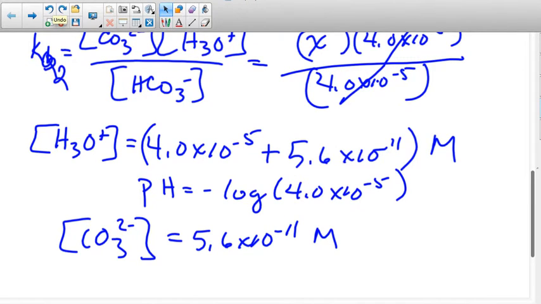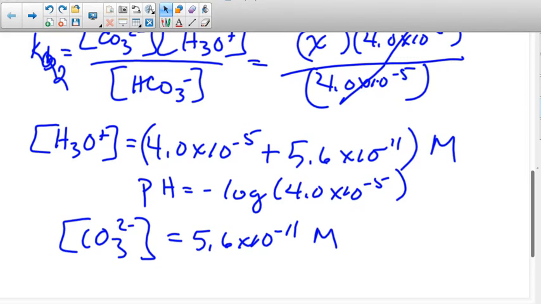If we have to go to all the trouble of finding the Ka2 and all those values, does the IB just want us to add 5.6 times 10 to the negative 11 for good practice? Show that 5.6 times 10 to the negative 11 is so tiny?